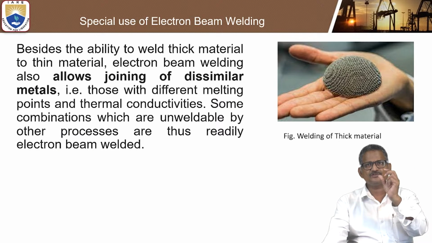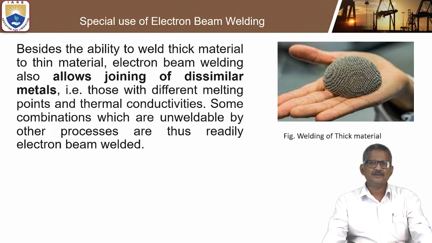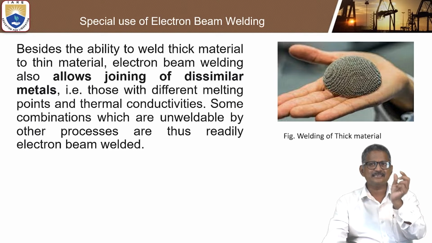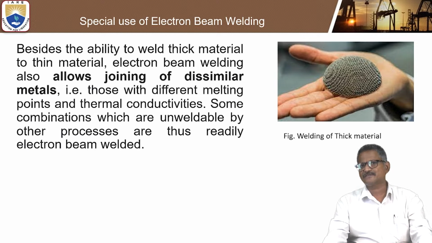Besides the ability to weld thick material to thin material, electron beam welding also allows joining of similar or dissimilar metals. Especially dissimilar metals are widely joined or fabricated effectively.